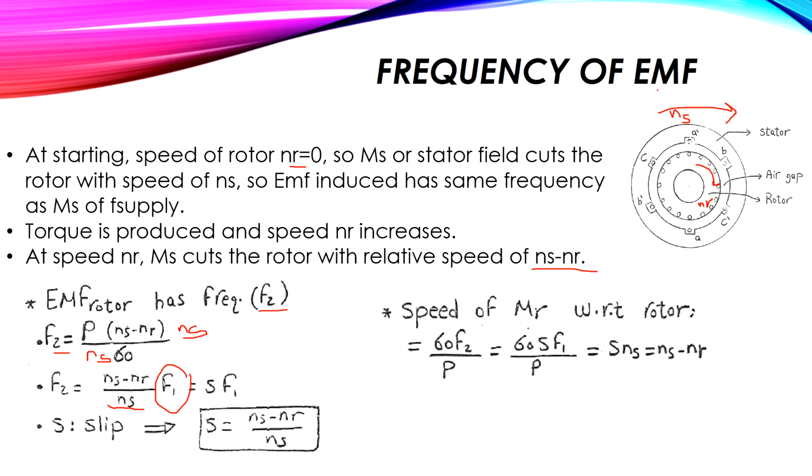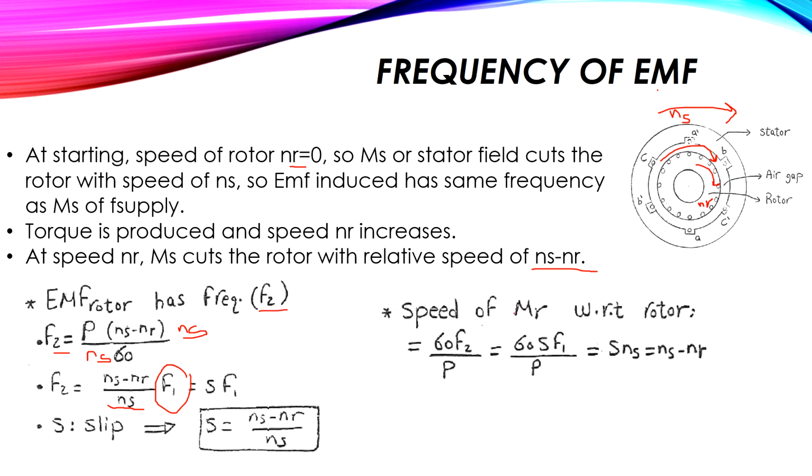Now what is the speed of Mr, the rotating field of the rotor, with respect to the rotor? Remember something really important: the field Ms and the field Mr both have the same speed, which is ns, the synchronous speed.